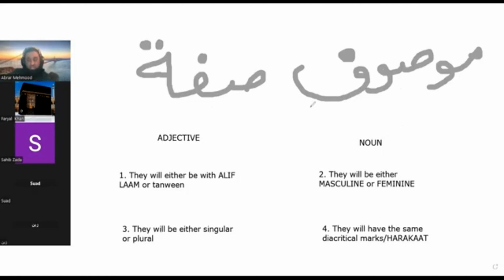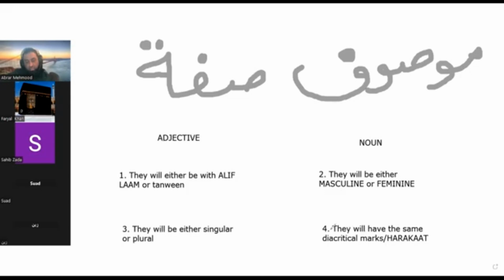So if this is singular, likewise. If this is dual, likewise. If this is plural, then likewise. In the Madinah course, they'll speak more about singulars and plurals initially and introduce dual forms at a later stage.